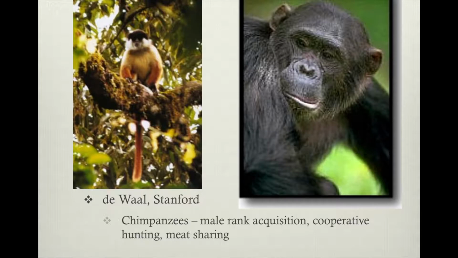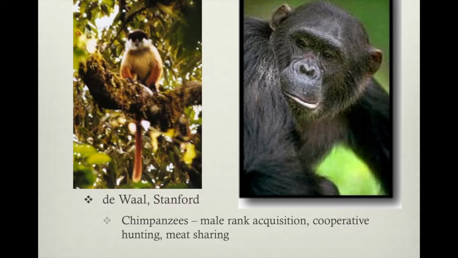Frans de Waal and Craig Stanford have studied hunting behavior among chimpanzees, and so the monkey pictured here on the left is a red colobus monkey. This is one of the primary prey items of chimpanzee males. They engage in cooperative hunting of red colobus monkeys, and what they do here is they each take a particular role in the hunt.